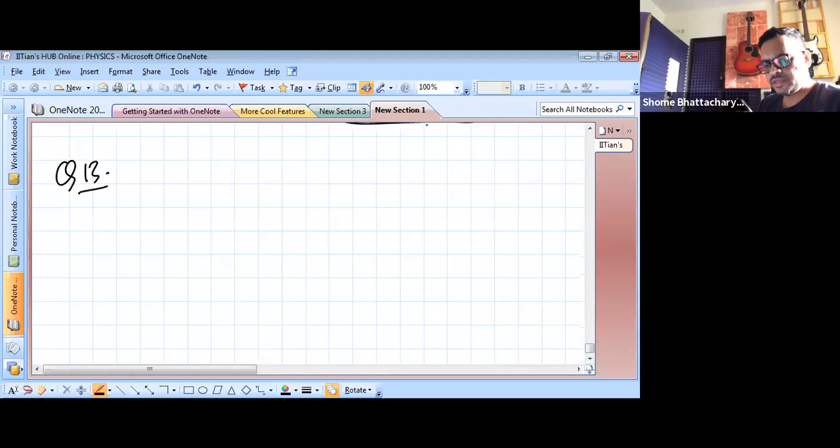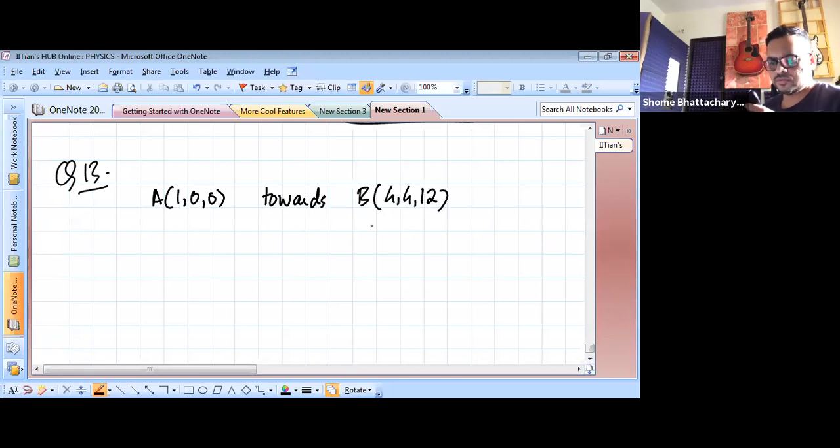It is given to you that a particle starts moving from the point A, which is 1, 0, 0, towards the point B, which is 4, 4, 12, at a speed of 65 meters per second.